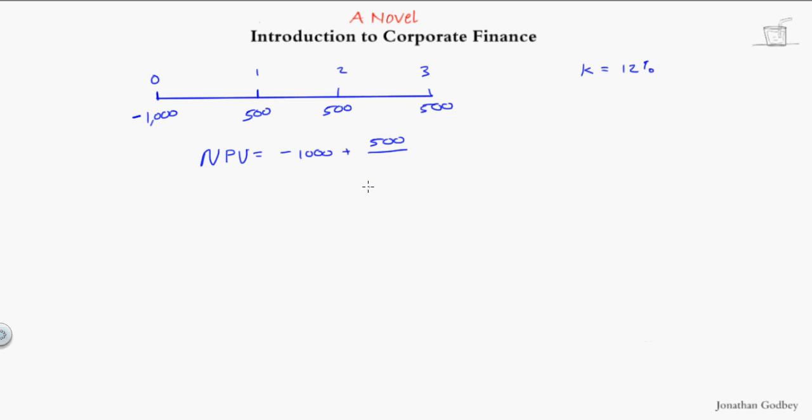We don't know where that comes from yet, but we'll get to that later on. So we just do the math like this: 1.12 squared plus 500 over 1.12 cubed. This is equal to 200.92.